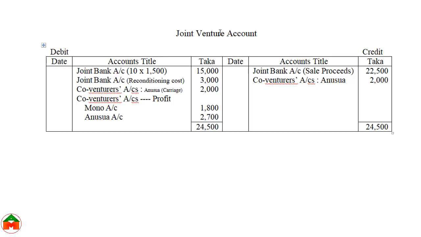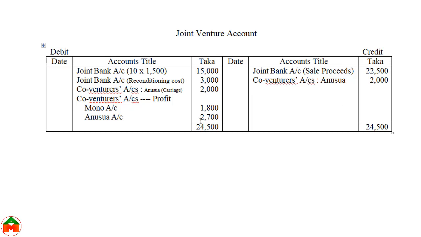And in this joint venture account, whenever the credit side is higher, then the balancing figure would be shown as profit. Here we can see this is the higher amount, that's why the balancing figure should be shown as profit. Here the amount of profit is 1800 plus 2700.